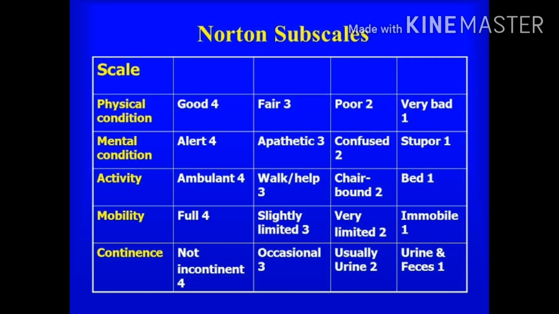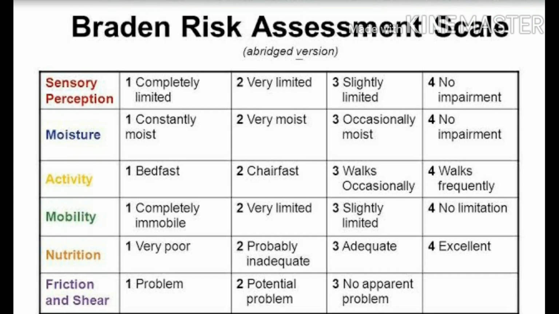This is the Norton scale, which includes physical condition, mental condition, activity, mobility, and continence. Now coming to Braden risk assessment scale, which comprises of sensory perception, moisture, activity, mobility, nutrition, and lastly friction and shear.